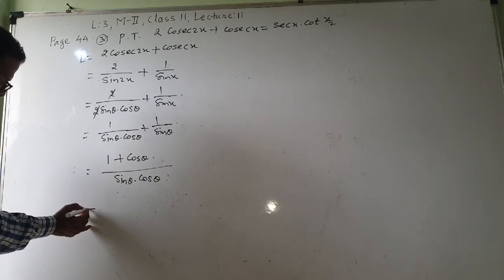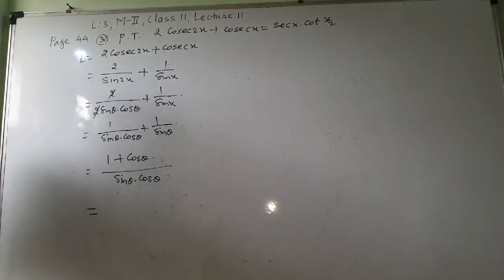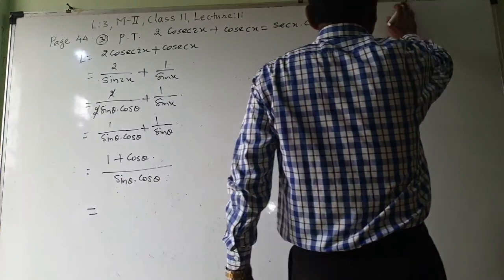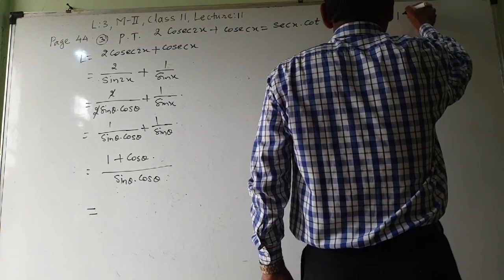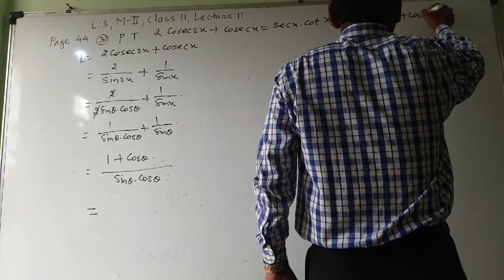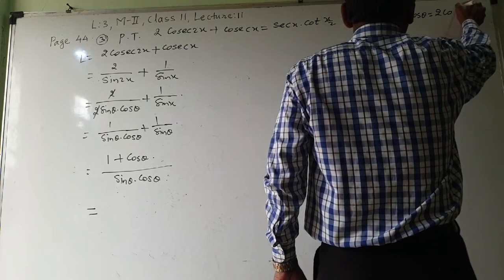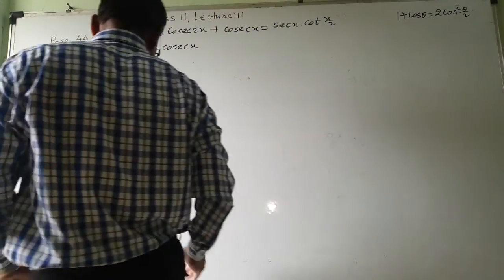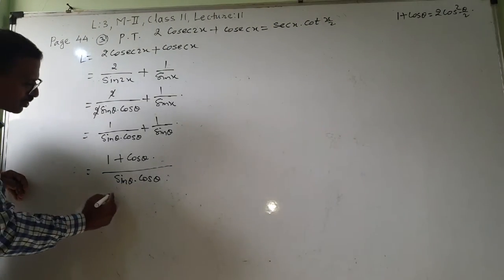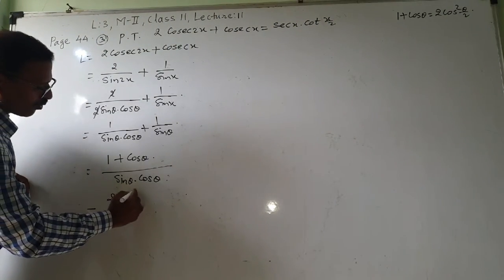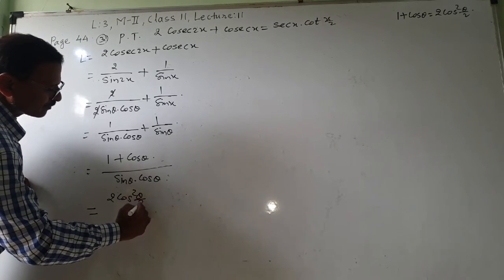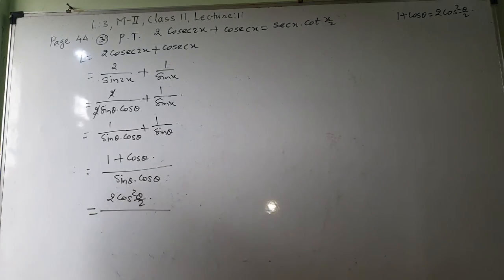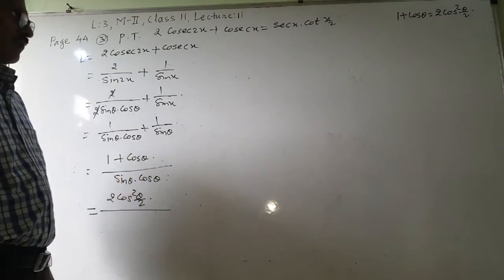In the last question, I gave you 1 minus cos theta. So 1 plus cos theta is equal to 2 cos square theta by 2. This is the formula. Okay, that's all. Now look at the proof.